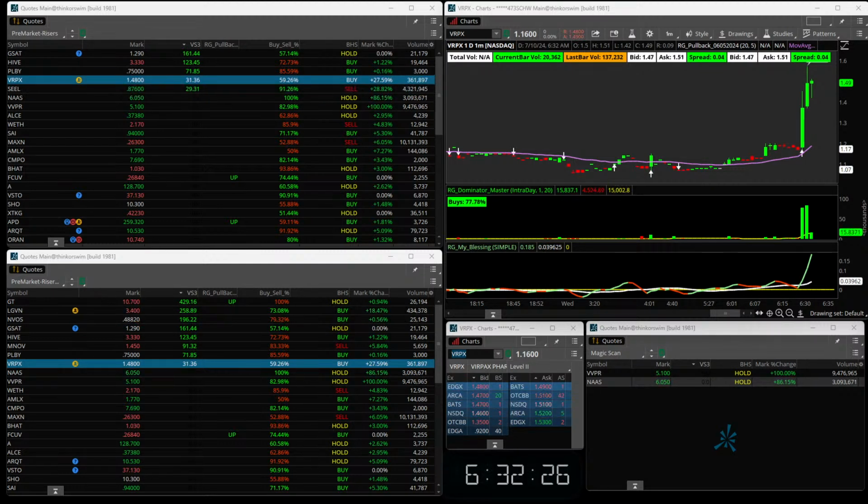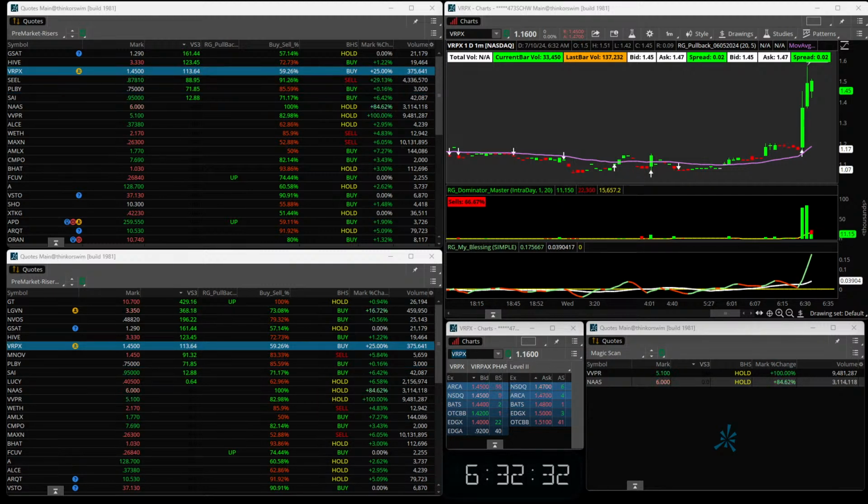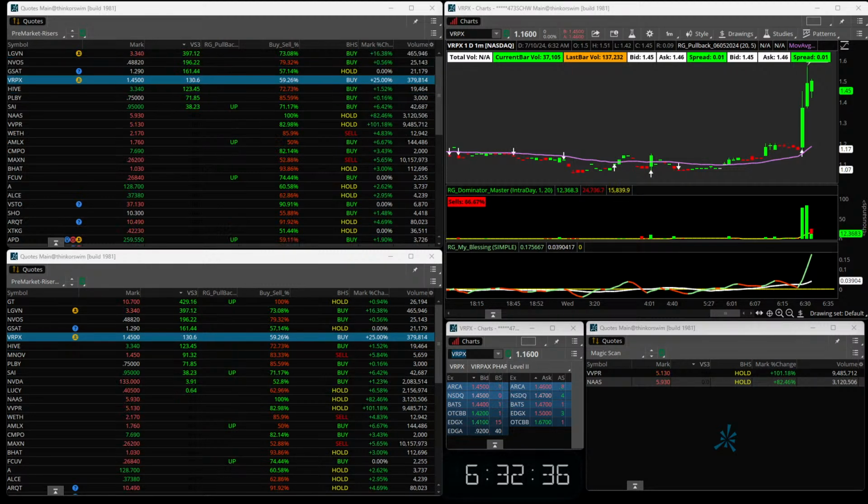I'm liking this response this morning. Things are running up and we're not seeing that big red candle right behind it. They seem to be holding their price this morning, or pretty close to it.